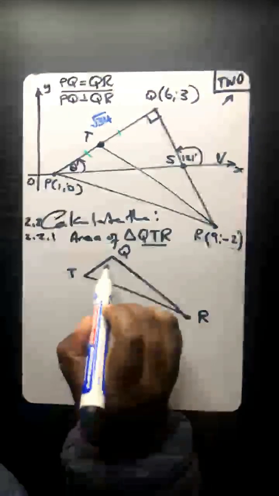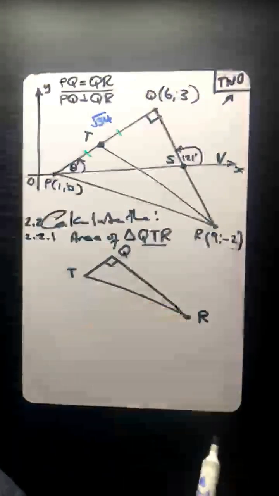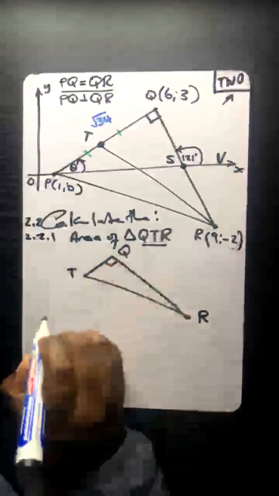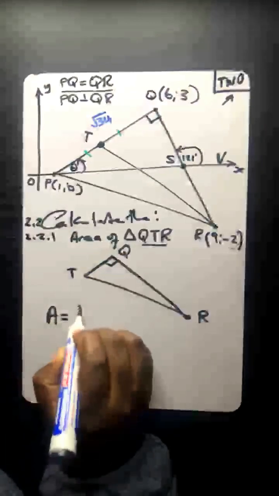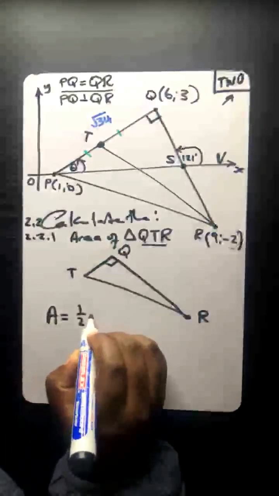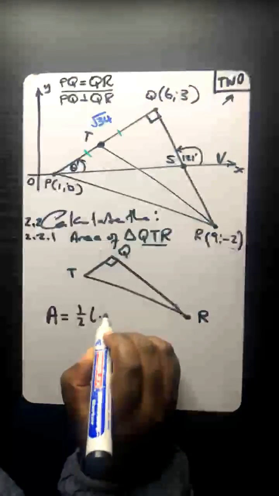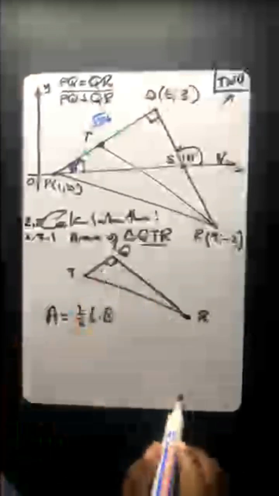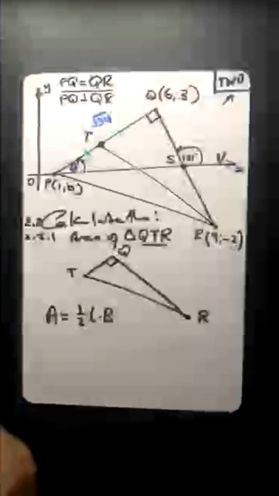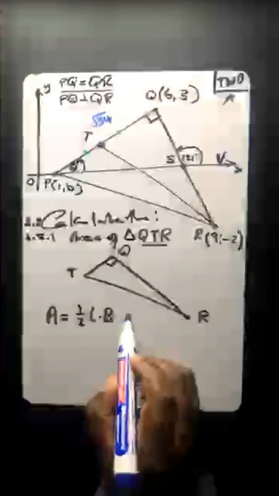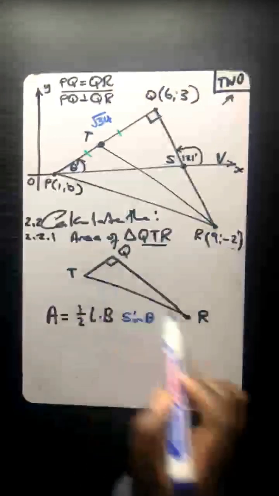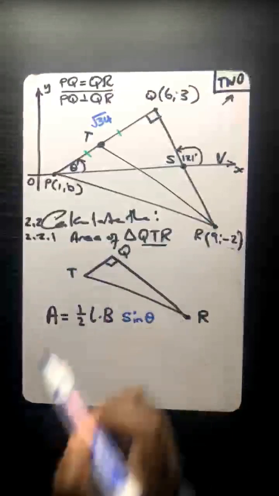Most importantly, this is a right-angled triangle. In that case, because it's a right-angled triangle, this is the formula that you use. Half, one side, let's maybe call it length, and then the other side, let's maybe call it breadth. If it was not a right-angled triangle, but just a triangle, that's when you're going to say half sine of an angle, where you use the side, or the side, and an angle in between.